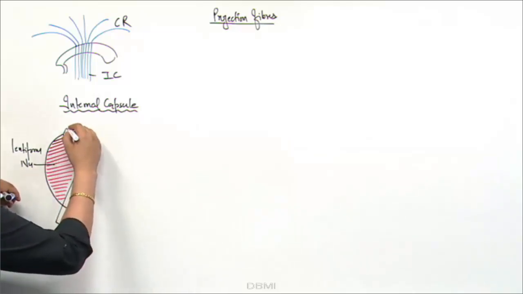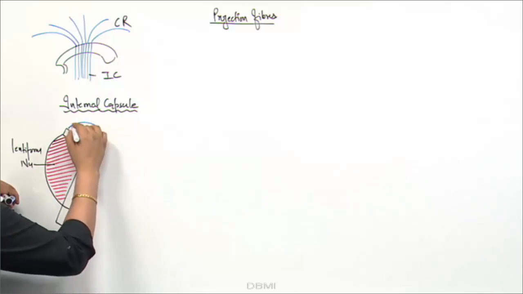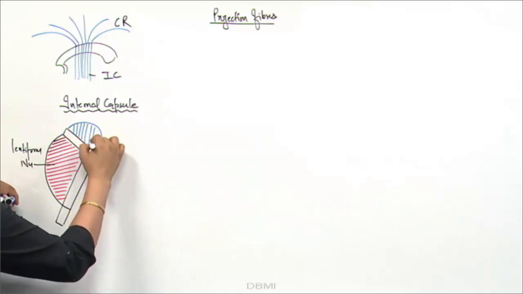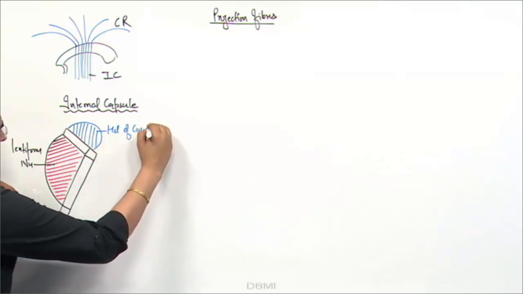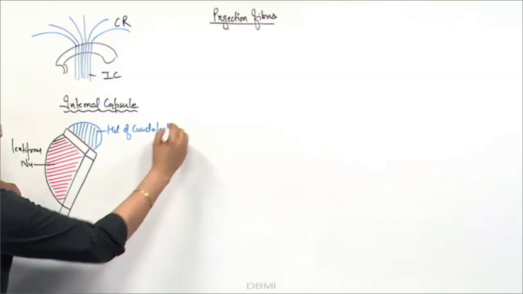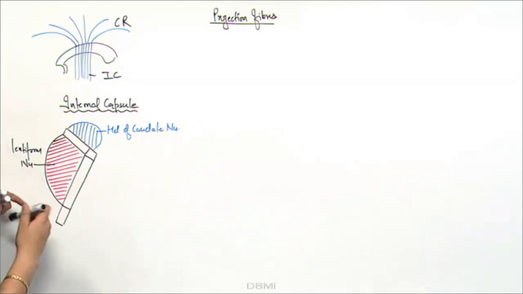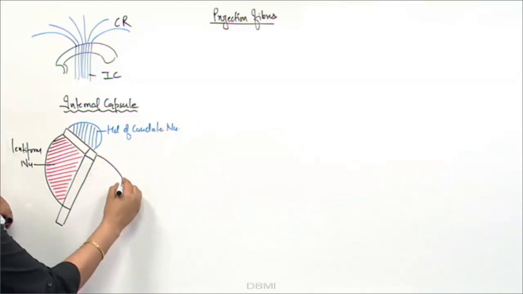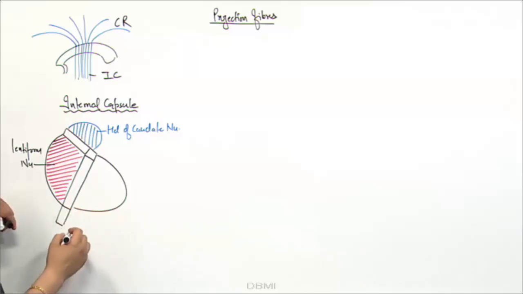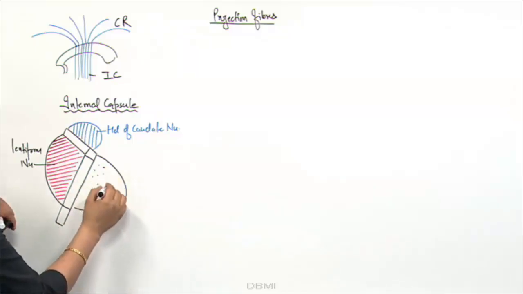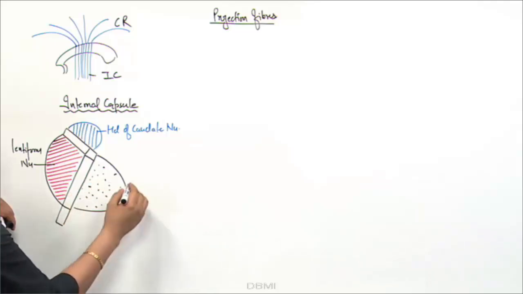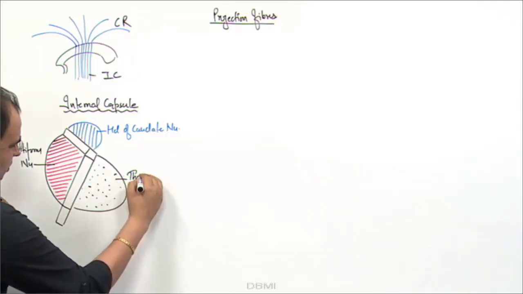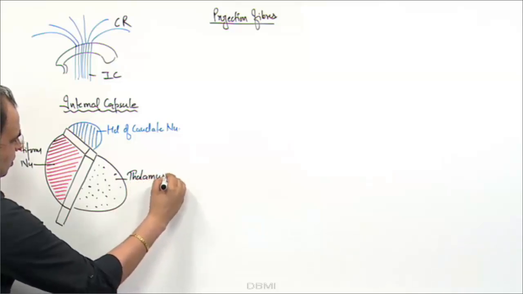Here we have the head of caudate nucleus, and then we have thalamus.